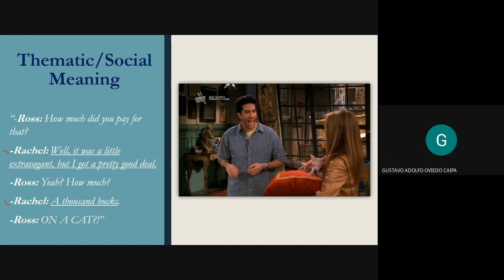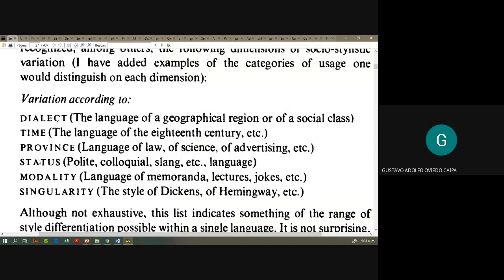So we can say the word bucks, right? Social meaning in this case. If we check it from the side of status, we can say that this is more like slang. This is more colloquial, because she's using language that is normal for casual conversation, and especially in dialect too. Why dialect?